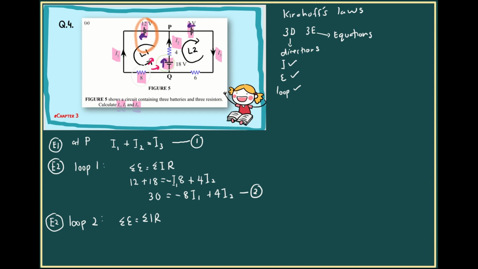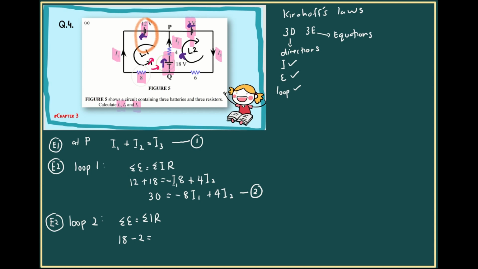For this EMF, it has a direction similar to the direction of loop, so it's positive 18. If we compare with this EMF, its direction against the direction of loop is opposite, so it's negative.